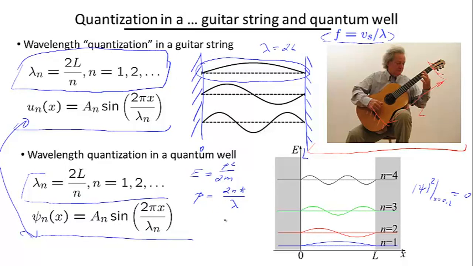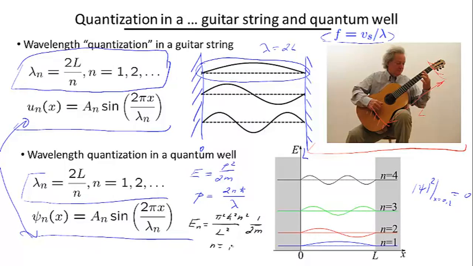So if we put everything together, this quantization rule and the de Broglie relation, we're going to get the quantized energy levels E sub n, where n is a positive integer, equal to pi squared h bar squared n squared divided by L squared, the distance here. This corresponds to the momentum squared, times 1 over twice the mass.